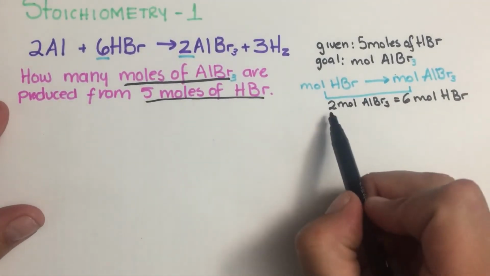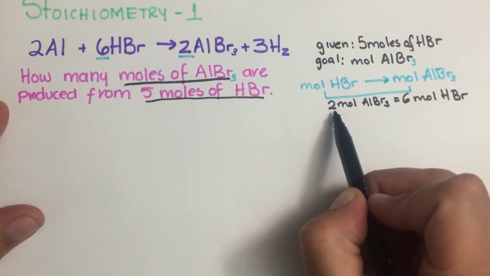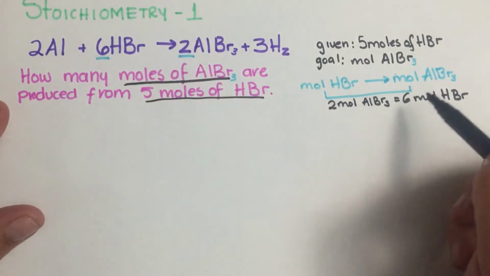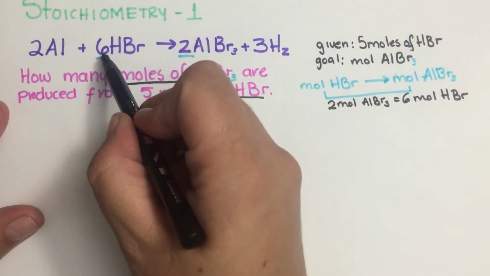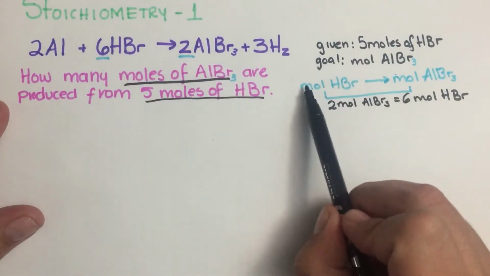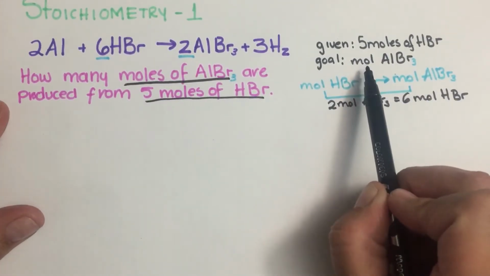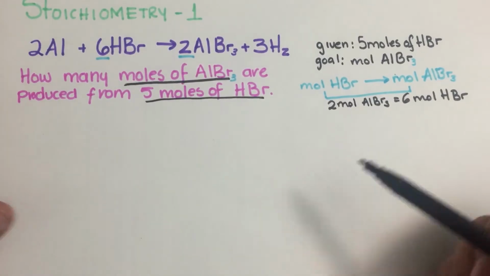Notice that the coefficient is taken directly from your reaction. Here you go, 2 and 2, here 6. So here's your starting point, your ending point. Since you're already at your goal, you can proceed to the setup.